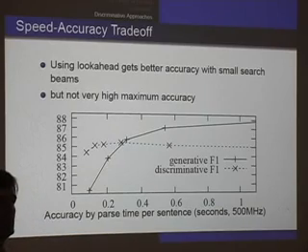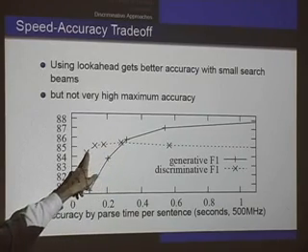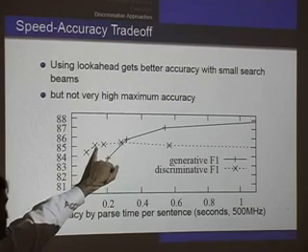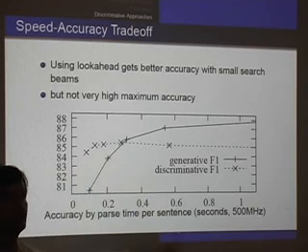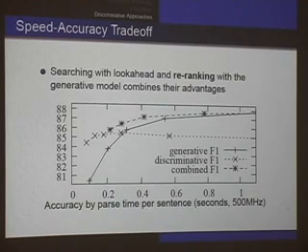But as we see, we can get away with a much smaller beam. This is, I think, a beam width of only 2, 3, 4, 5. So very small beams that you can then search with. So the natural thing to try is, what if we prune with the lookahead model and then re-rank with the generative model?